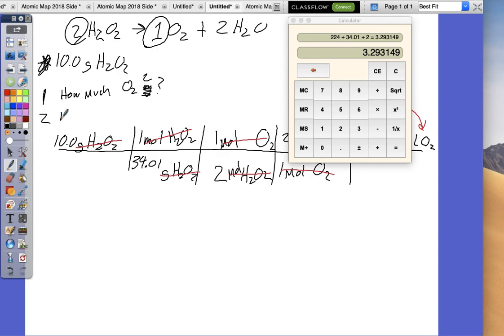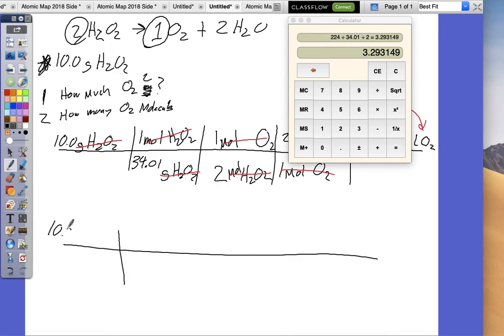So this is how many O2 molecules. Okay, ready? Same exact setup, right? Here we go. Given 10.0 grams H2O2. We want to get to moles. 1 mole of H2O2.